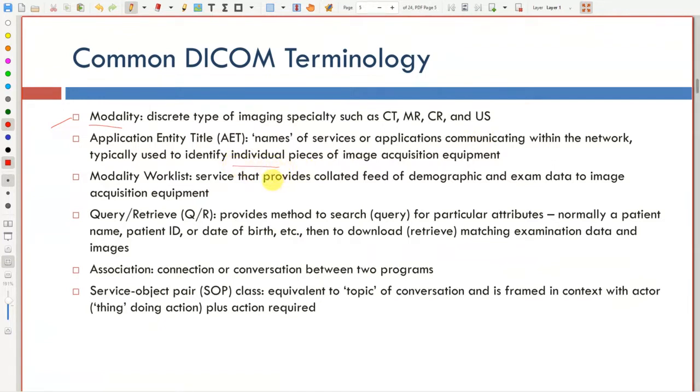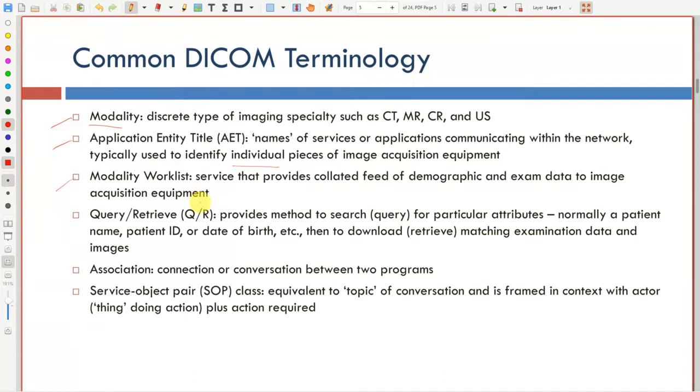For example, you might have multiple CTs or multiple MRIs, and you have to have a certain way of identifying each one of them. So the application entity title is a unique identifier for each one of the systems on your network. You also have what's called modality worklists, which is a service that provides a feed of demographic and exam data to image acquisition equipment.